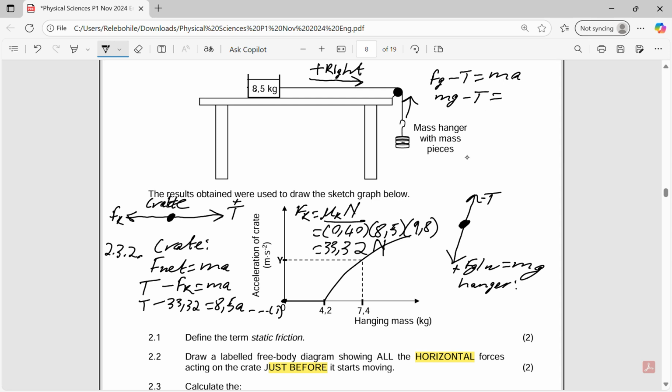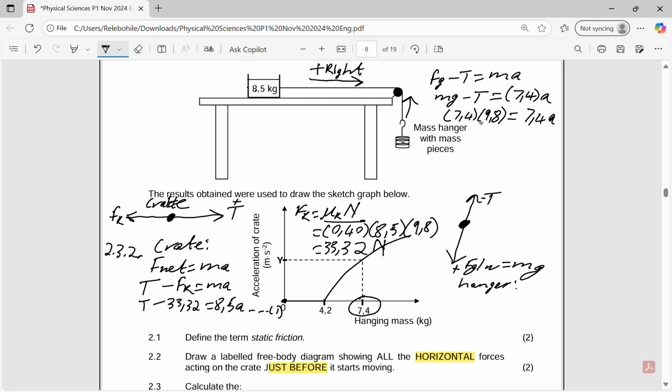Ma is the mass of the hanger, and the mass of the hanger we will work with is this one, the mass of the hanger when our object is moving. That's why we are looking for acceleration. So our mass here is 7.4 multiplied by A. Here we again have 7.4 multiplied by 9.8 is equal to 7.4A. So this will be our second equation basically, right?